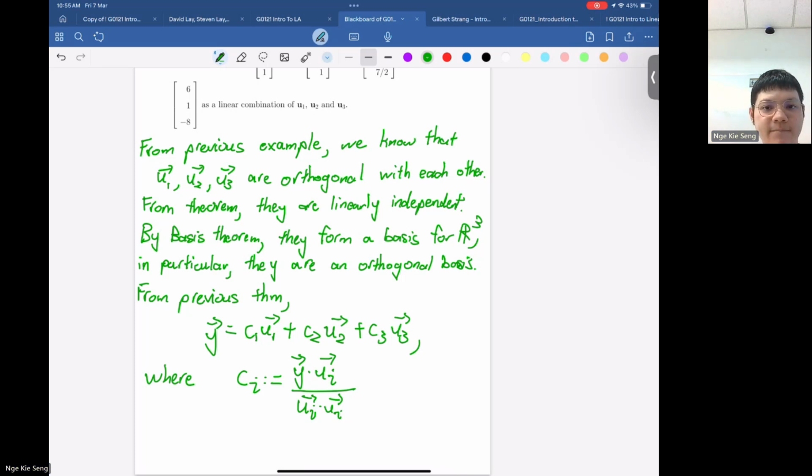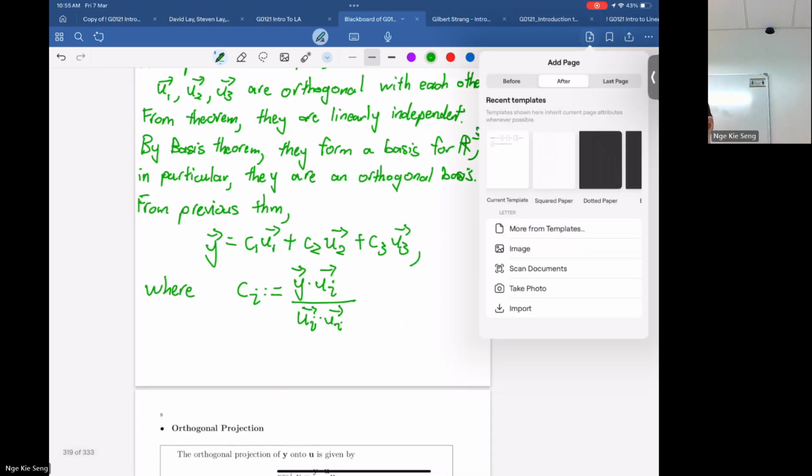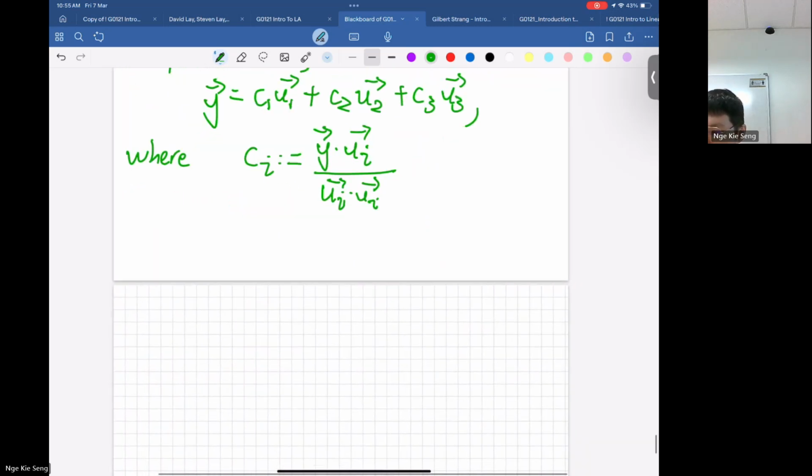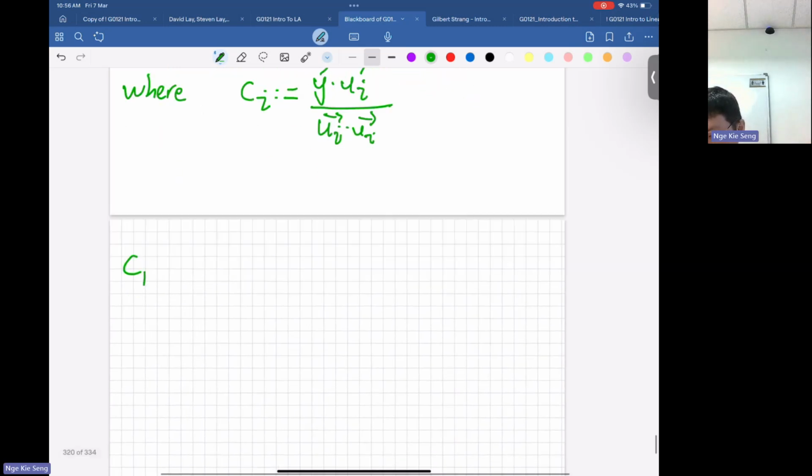Try and compute this, and then we will verify, and we see the magic, and then I show you why the magic works.